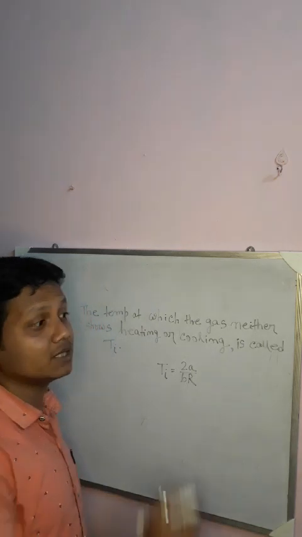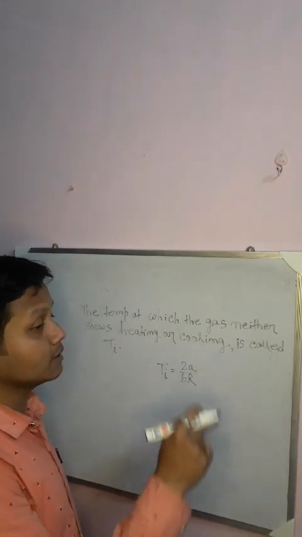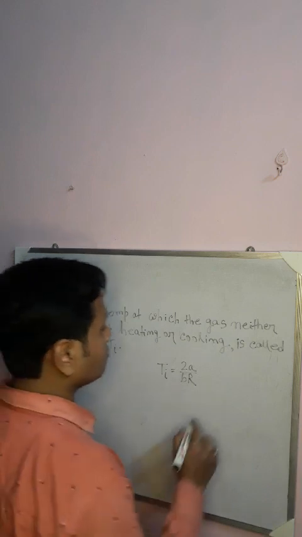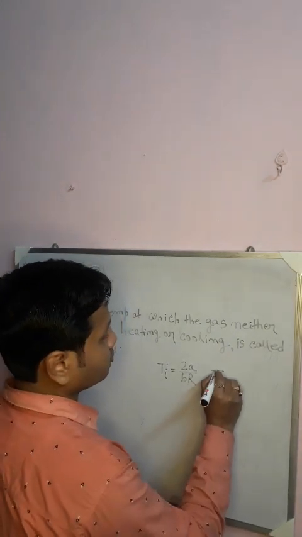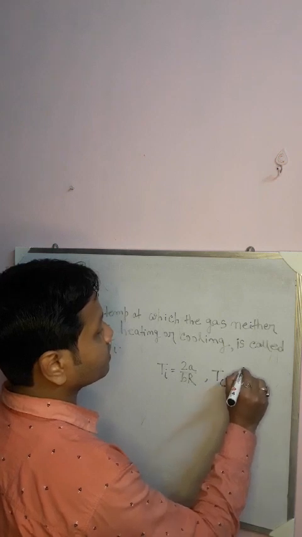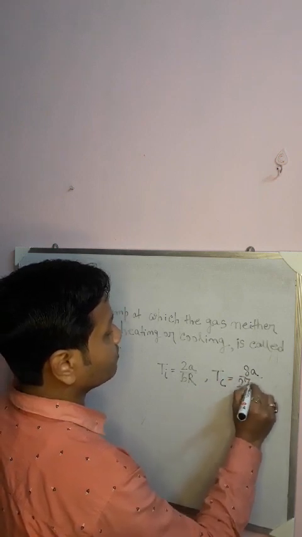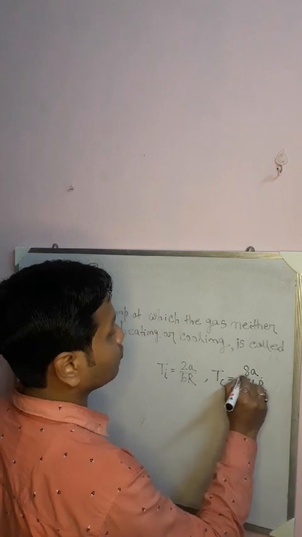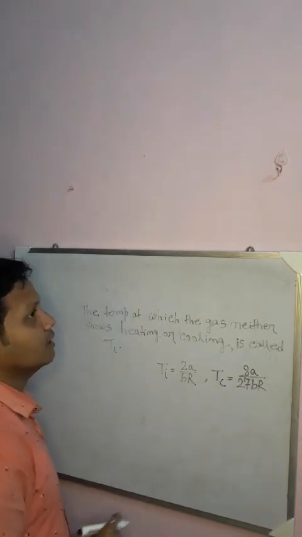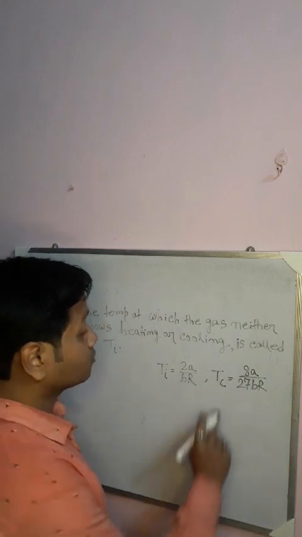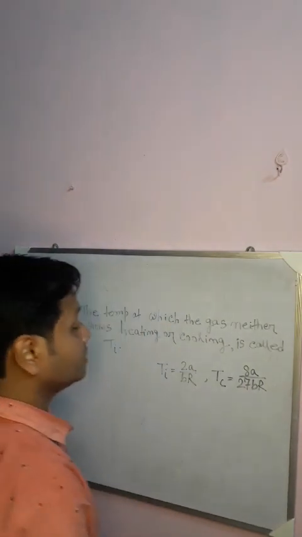That means up to T equal to Tc, the gas can be converted into liquid. Beyond this, conversion is not possible. The value of critical temperature we all know, that is 8a by 27bR. We will do it in detail when I teach the van der Waals chapter. So Tc will be 8a by 27bR.